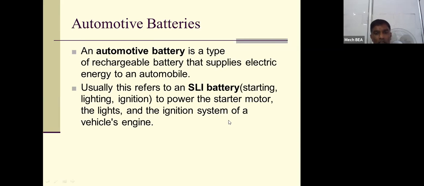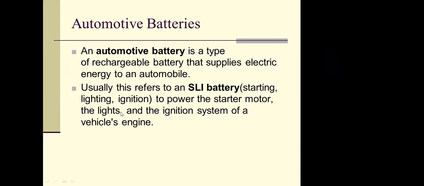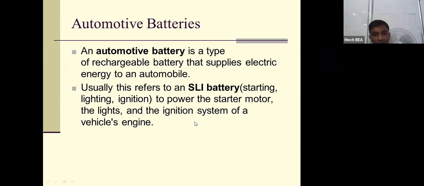Generally it is required for starting, lighting, and ignition. That's why in short you can call it an SLI battery: starting, lighting, and ignition. It powers the starter motor, the lights, and the ignition.